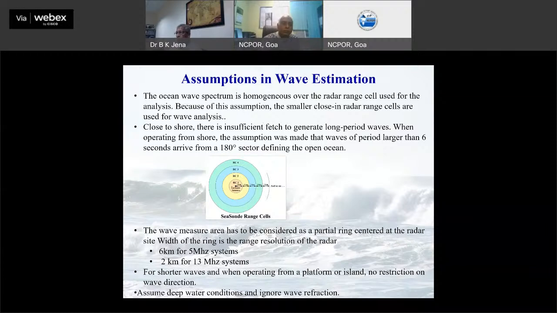Even though your current meter range is up to 200 or 220, waves will be measured up to 50% of the range, so up to 100 kilometer, say. And it is a conical shape. When you compare wave data of HF radar with your model output or other data, you have to use a similar circular pattern in a conical way to estimate the wave height and wave direction.